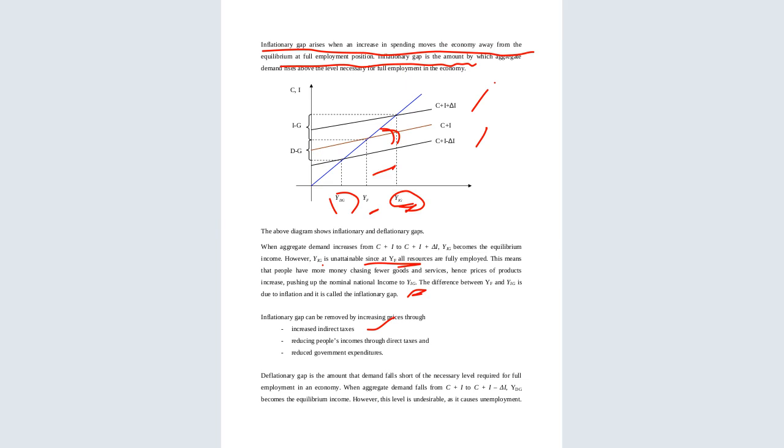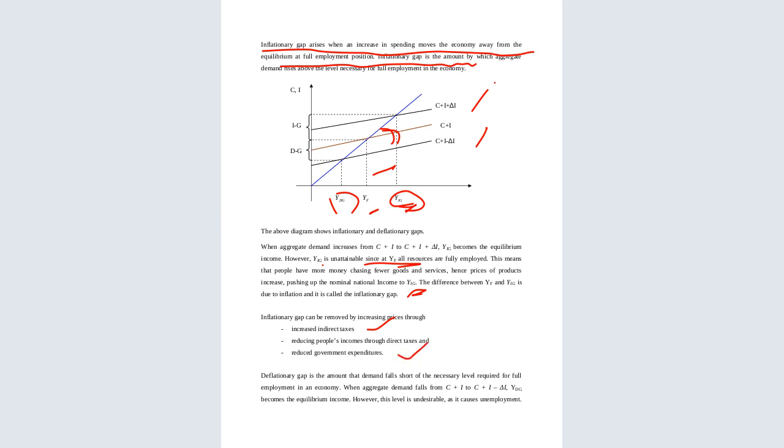So you can solve this inflationary gap by increasing taxes, and if you increase taxes, you simply reduce people's disposable income, and then you cut the aggregate expenditure. You can also reduce the government expenditure.